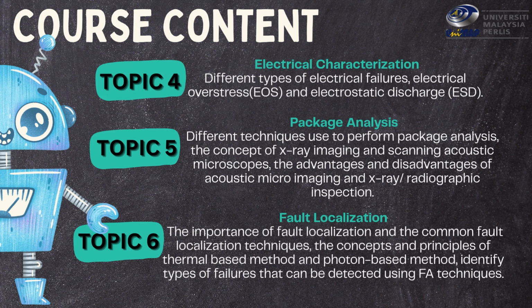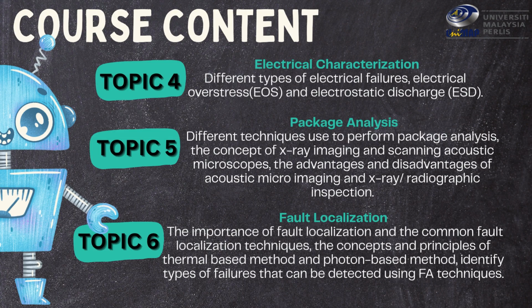Then we proceed with topic 4, which is electrical characterization. You will learn about the different types of electrical failure, electrical overstress and electrostatic discharge, ESD. What is the difference between EOS and ESD? Then we proceed to package analysis.